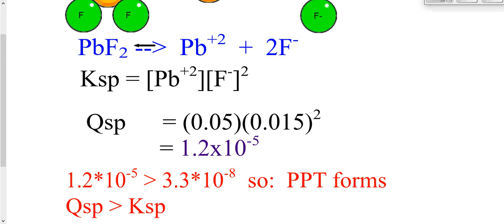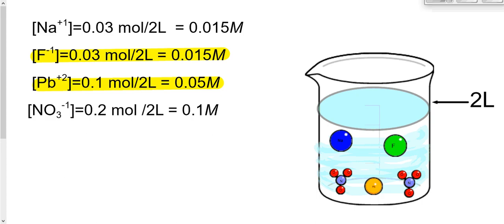Now, quite often when I give you a question, I'm going to give it to you at the point of, here are the ion concentrations. I'll give you a question that's already at this point, where you know the concentration of every ion in the solution. All that previous work will have been done for you.